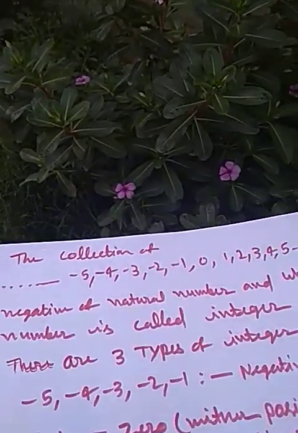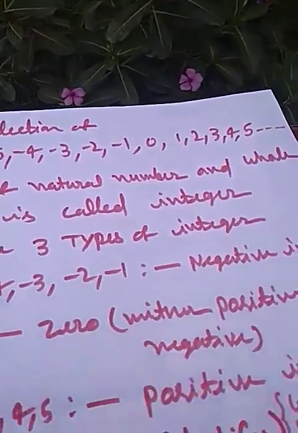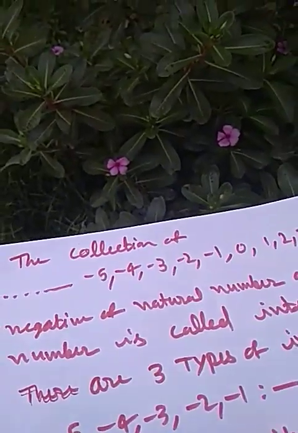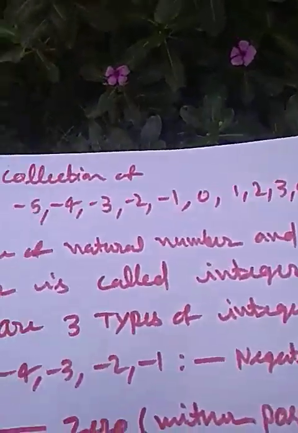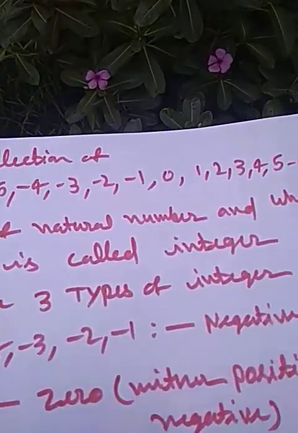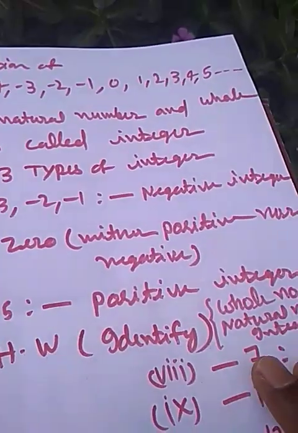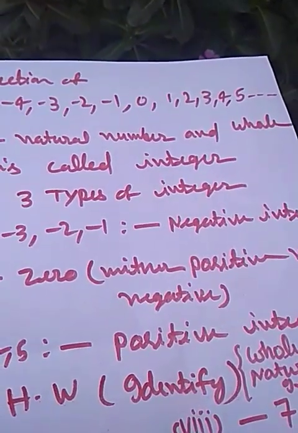Now all of you students must understand what integers are. In summary, in this video we learned what counting numbers, meaning natural numbers, are, what 0 is, and what the negatives of natural numbers are.